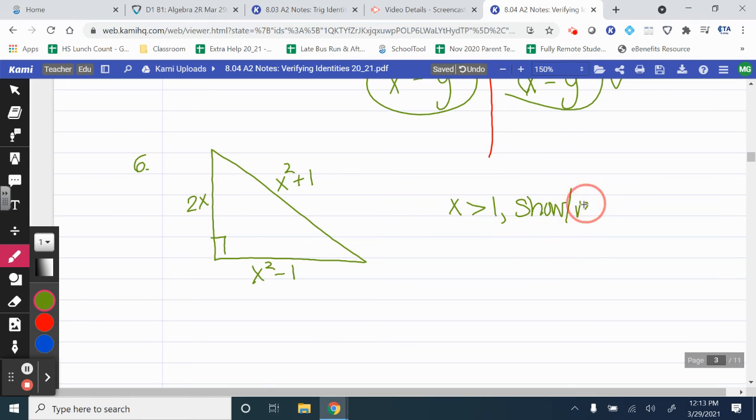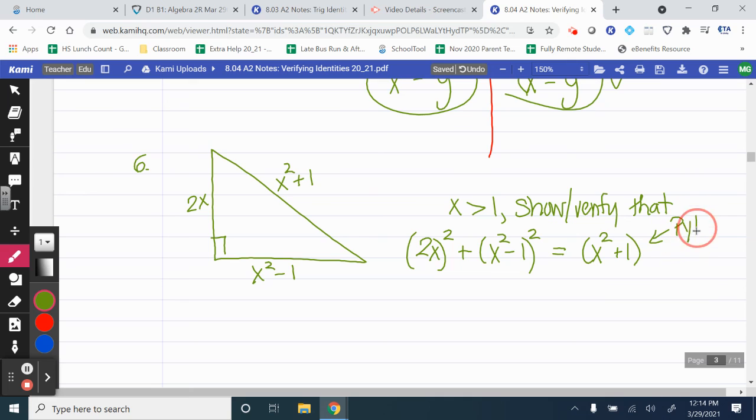Show or verify that you've got your Pythagorean theorem. So (2x) squared plus (x squared minus 1) squared, so the 2 legs squared, equals your hypotenuse squared.